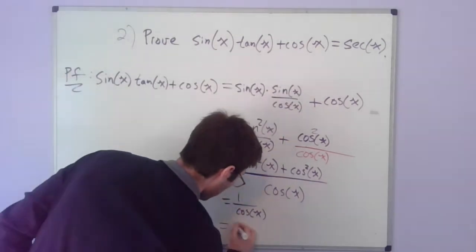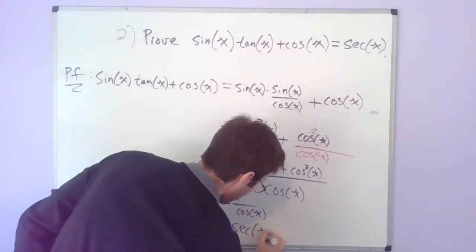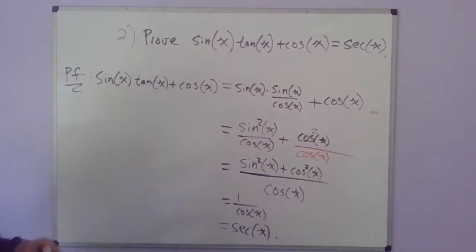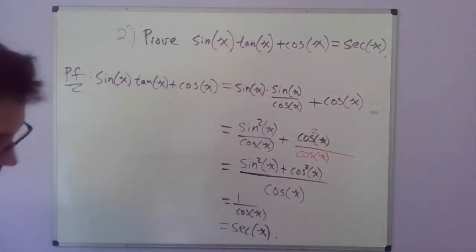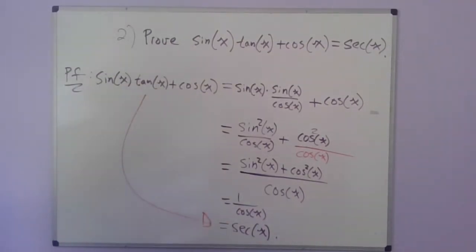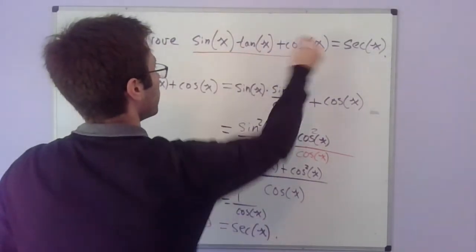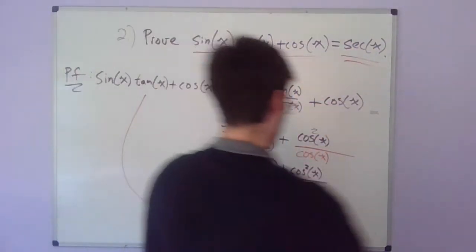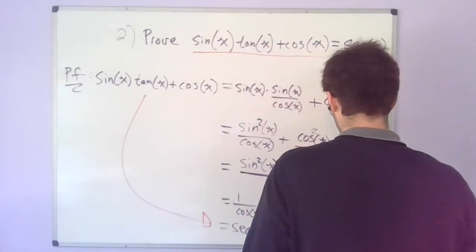This value is equal to secant x. So that means we're done. We proved this is equal to that. So then that means we're done. So quit. End of proof.